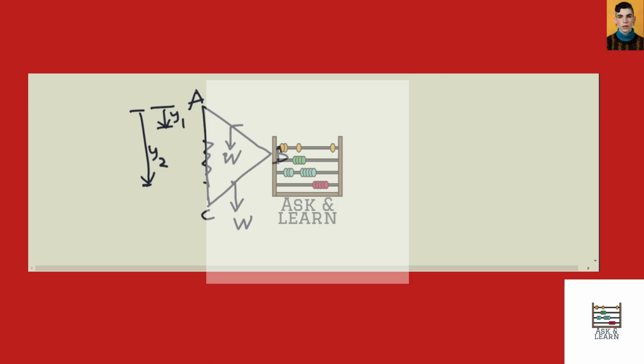All right. Now, for the bars AB and BC, for each one of them, for AB, sorry, you're going to have it to be equal to half times, because the weight will act through half of it, the length cos theta.